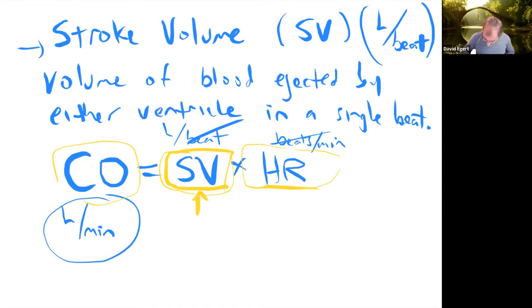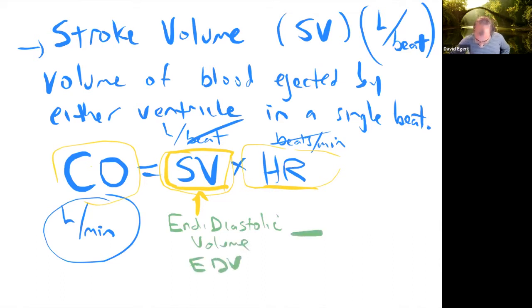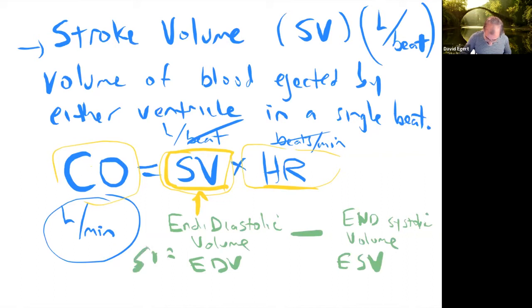Stroke volume is going to be further broken down into what we call end diastolic volume minus end systolic volume. So what these mean, this is stroke volume equals this.